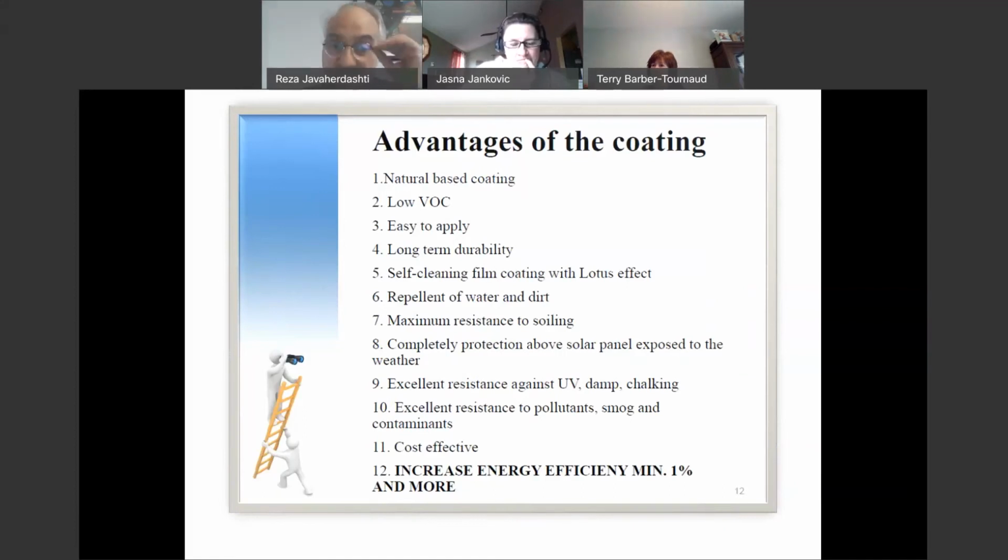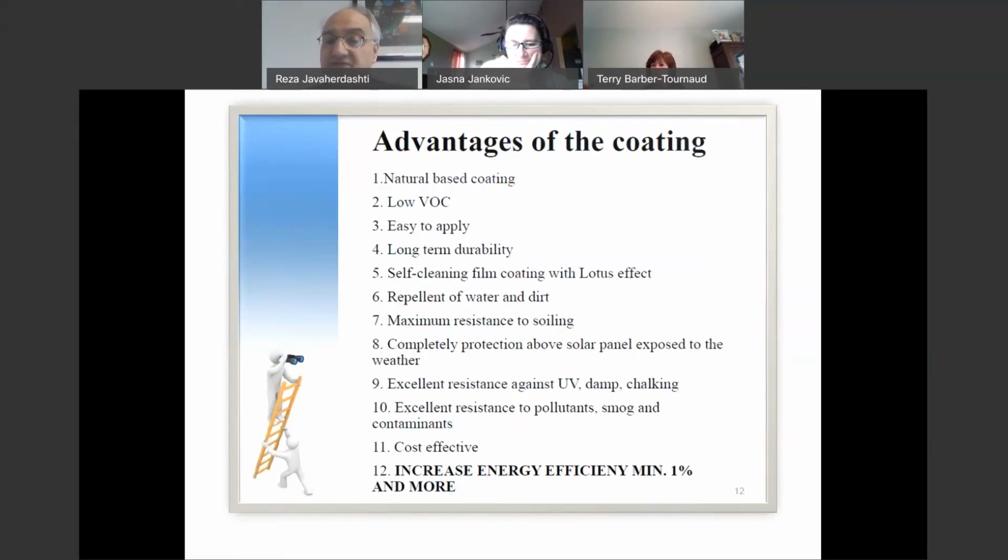They are self-cleaning, and they have the so-called lotus effect. Lotus because it is referring to the super hydrophobic properties of leaves of this plant, and that's why we also call it lotus. Repellent of water and dirt it is, therefore you will not have accumulation of dirt.